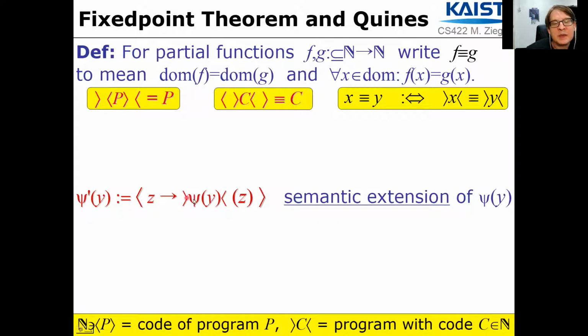The point is that even if psi of y is undefined, interpreting this undefined natural number as a program gives rise to a defined program, trivial, but a defined program. And we can run this defined program on argument z, so that this is indeed a defined program even when psi of y is undefined. Psi prime of y is always defined, possibly trivially so, but it is defined.